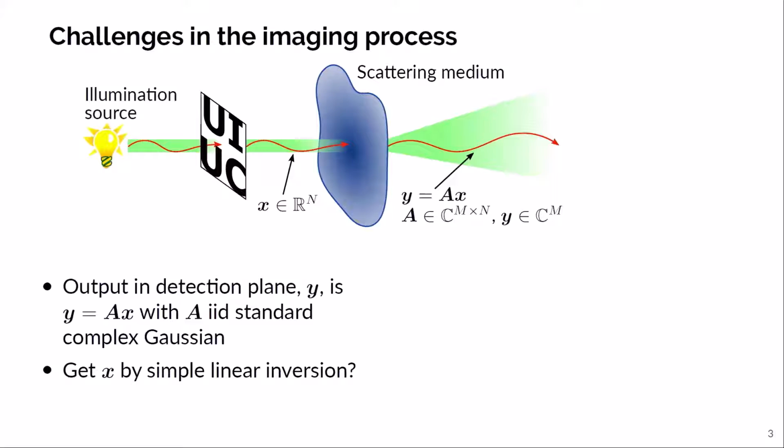And in many typical scenarios, A is an IEEE standard complex Gaussian matrix or approximately i.i.d. standard complex Gaussian. And this looks great because I have Y, and if I know A, I can perform simple linear inversion and get X and figure out what the input was.